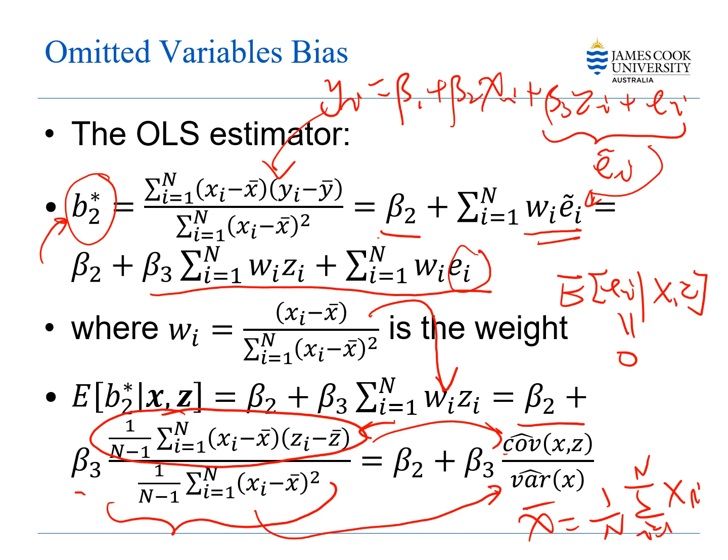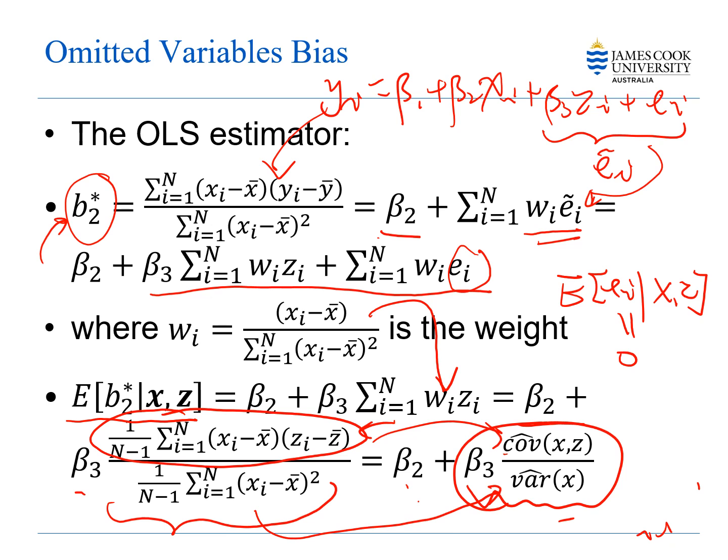Whether the conditional expectation of beta 2 star is equal to beta 2 or not really depends on these terms. And here we are conditional on x and z, the explanatory variables.